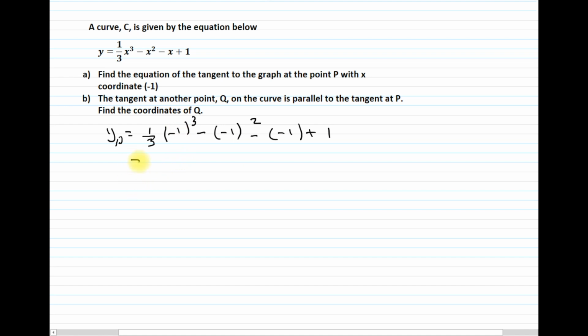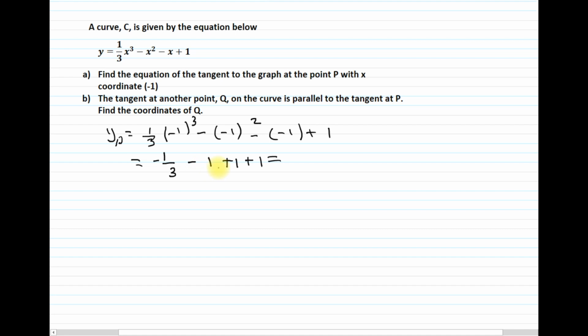So this would equate to -1/3, because -1 cubed is -1 times 1/3 is -1/3. -1 squared becomes +1, and we have a negative outside, so this becomes -1, and minus -1 becomes +1, and then we have a +1 at the end.